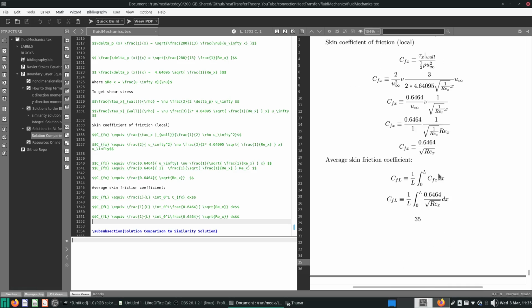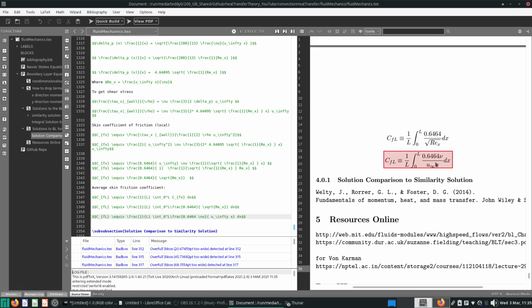So it's actually u x over nu. So we'll have to u infinity x, and nu will actually go on top. Alright. Okay, now we can integrate.